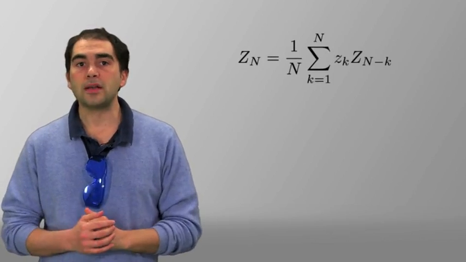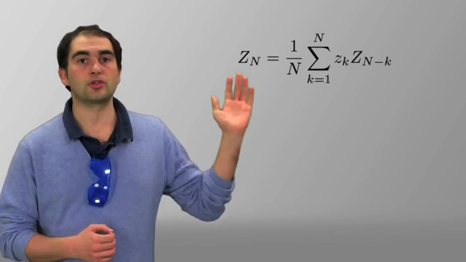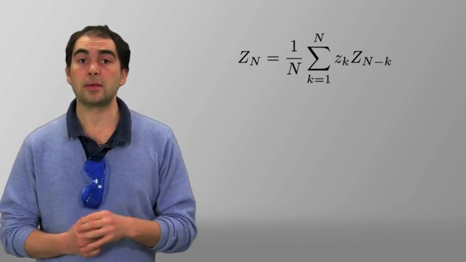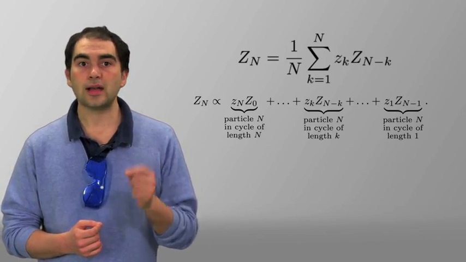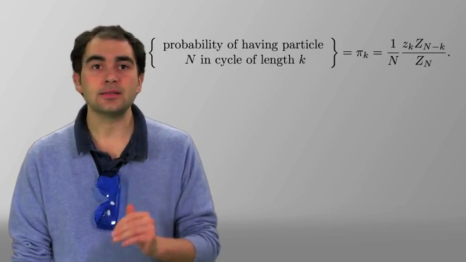We pause for a moment to gain a better understanding of this recursion relation. And remember, as discussed by Mikhail, each component refers to the last element's cycles. So, the probability to find the particle n in a cycle of length k is given by this relation.